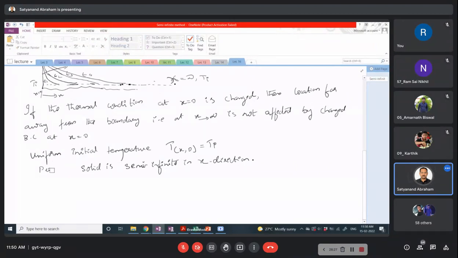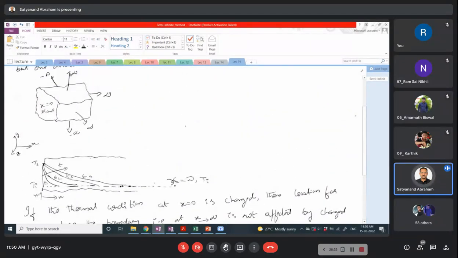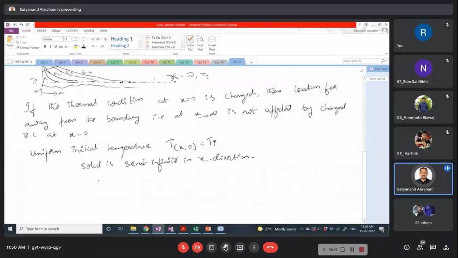We need not even provide that. Solid is semi-infinite in x direction. Since we are talking about semi-infinite in x direction, any variations in y as well as z directions we are neglecting, because that is negligible compared to the temperature variation in the x direction. So this is a 1D transient equation. The temperature is a function only of x as well as the time.